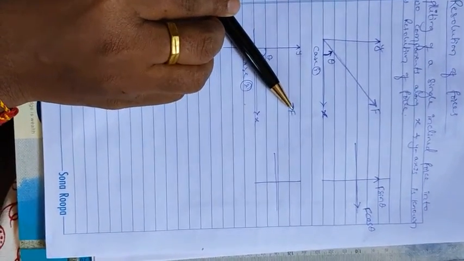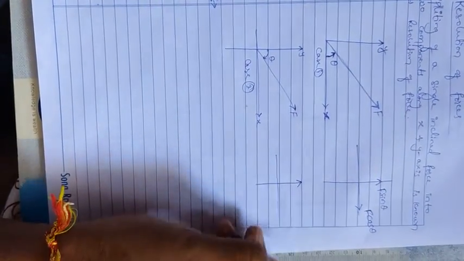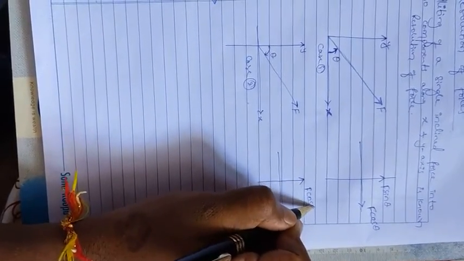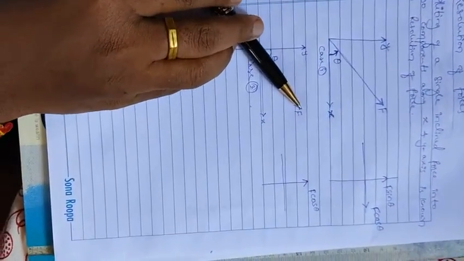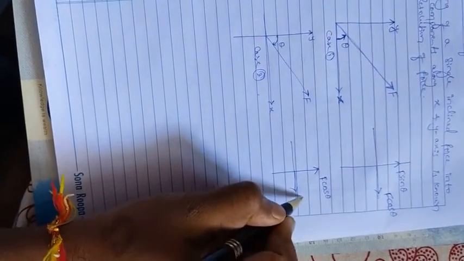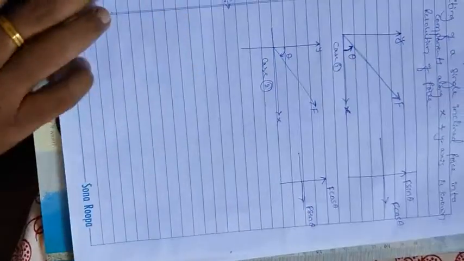Take this force along y, it is acting along y direction. First write the magnitude multiplied by cos of theta. Now bring the same force along x axis, it is acting along x direction. Now the component will be F into sine theta.